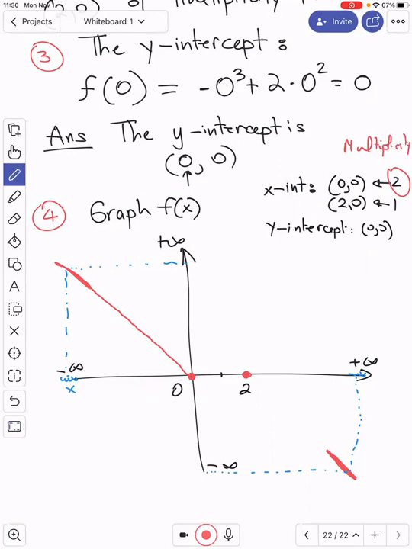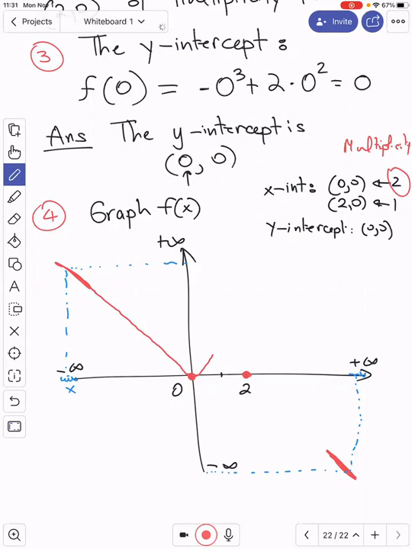When we have even multiplicity, we are not supposed to cross the x-axis. You're supposed to touch the x-axis at the x-intercept, at 0, 0, and then turn around. So I'm just going to turn around here. I don't cross the x-axis, as you can see, because the multiplicity is even.